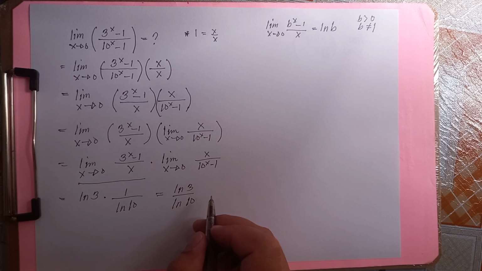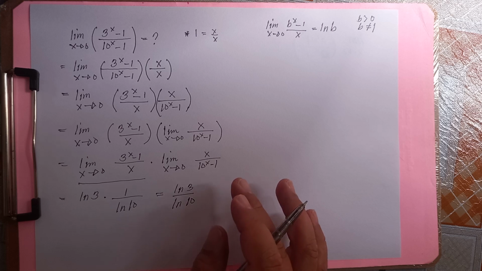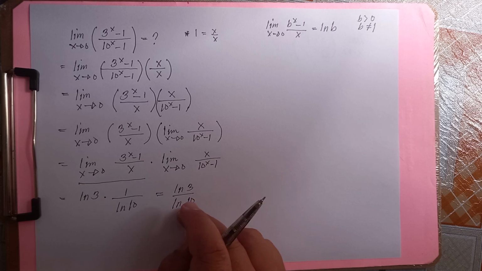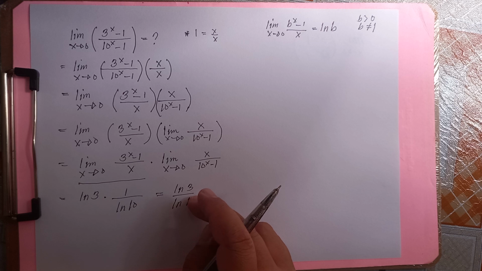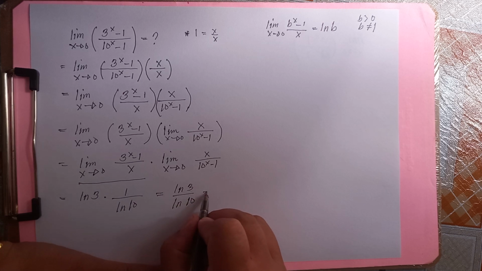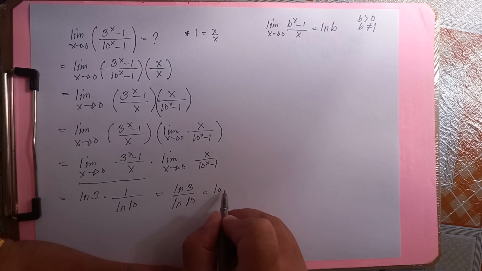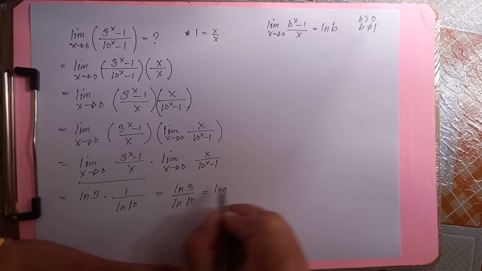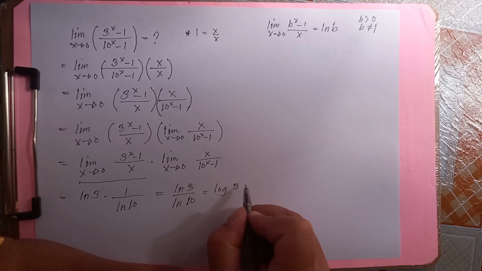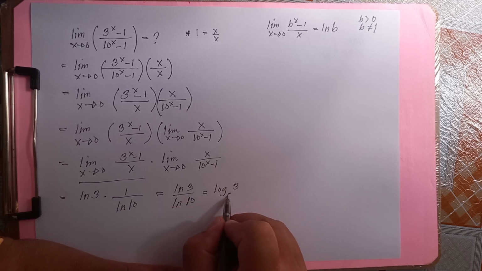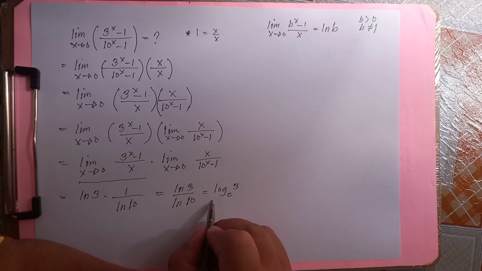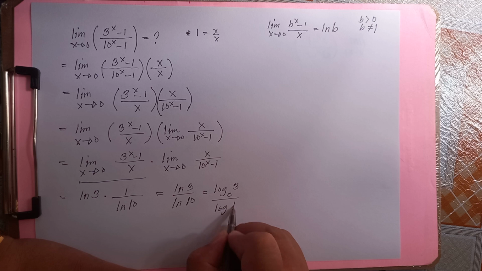Now notice that when we apply the logarithm, we can transform this into its logarithmic form: log of 3 with the base e over log of 10 with the base e.